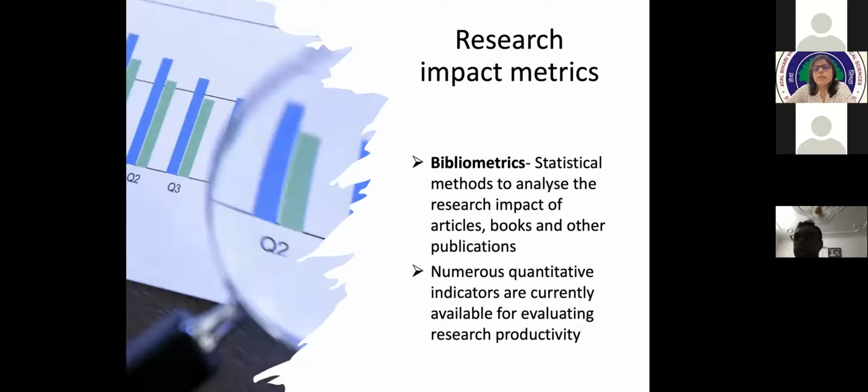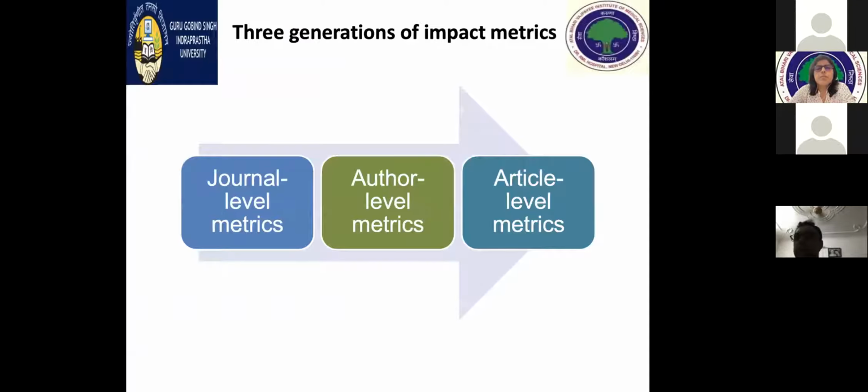As of now, there are numerous quantitative indicators currently available for evaluating research productivity. The evaluation of impact metrics is at 3 levels: journal level metrics, author level metrics, and article level metrics. We'll discuss all 3 in detail one by one.